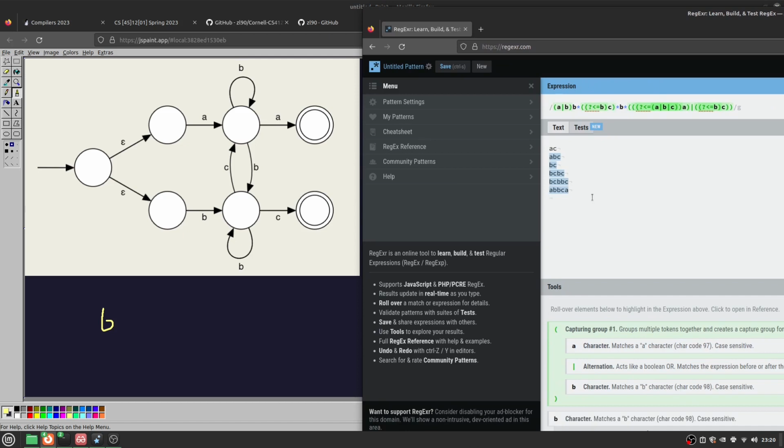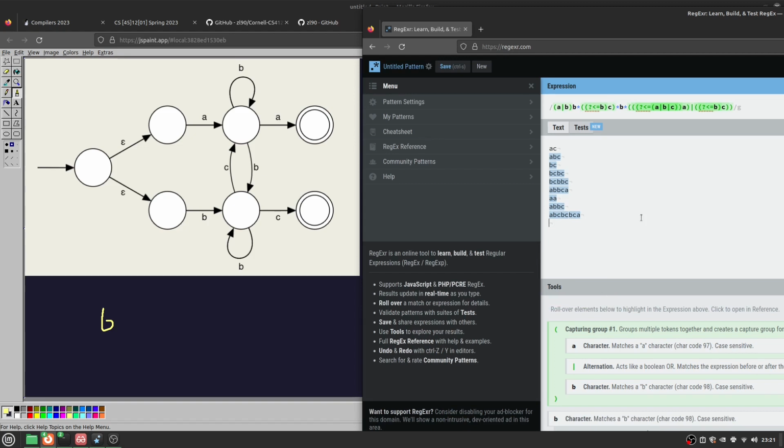We should say A. A should be valid. A, B, B, C should be valid. A, B, C, B, C, B, C, A should be valid. Why did that not join?